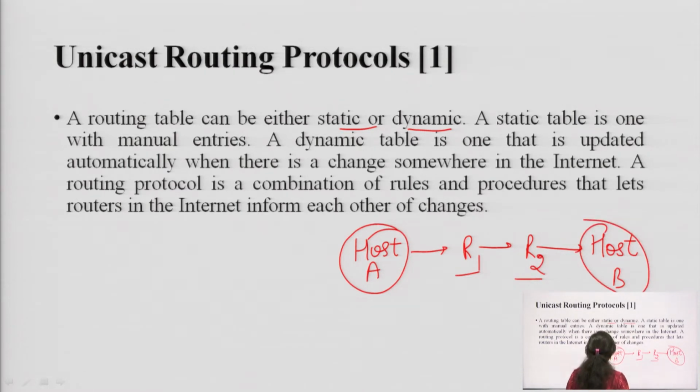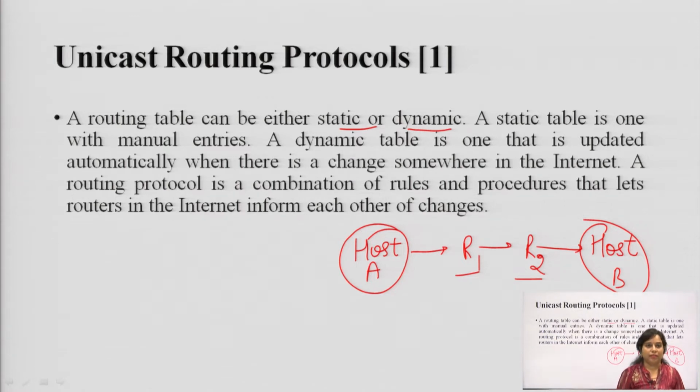So the routing table can be either static or dynamic, meaning either it will be fixed or it will change depending on the different intermediate nodes. Let us say there are 5 routers connected between host A and host B. Every time it is not advisable to connect all the 5 routers on a particular path.